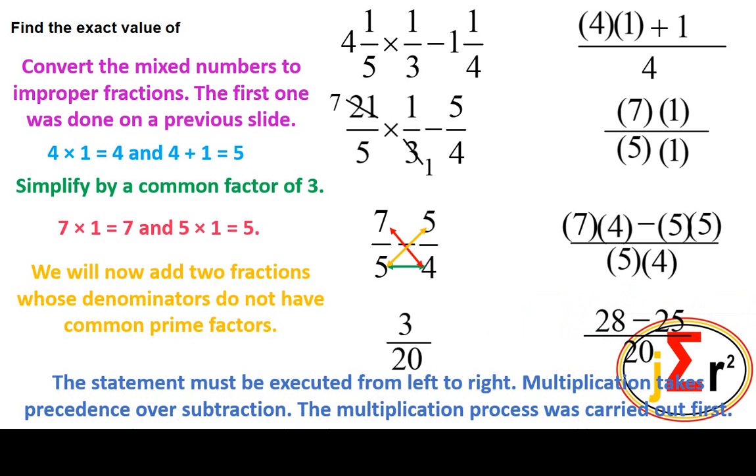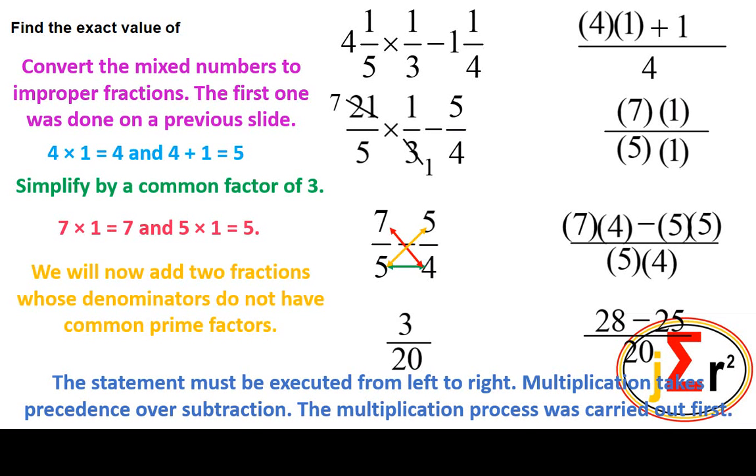The statement must be executed from left to right. That is how a mathematical, algebraic, arithmetic expression is manipulated. However, we have rules of precedence. Multiplication takes precedence over subtraction.